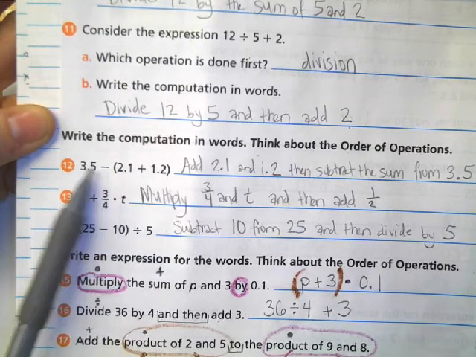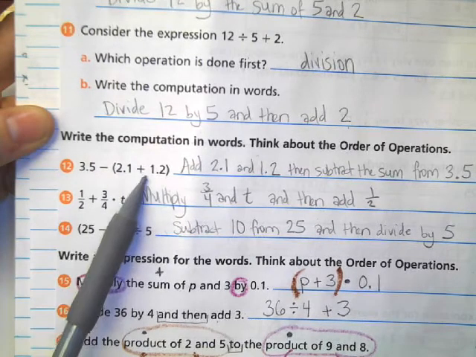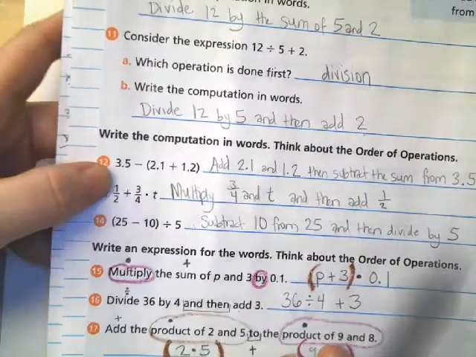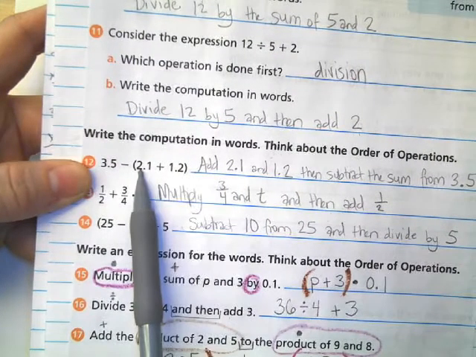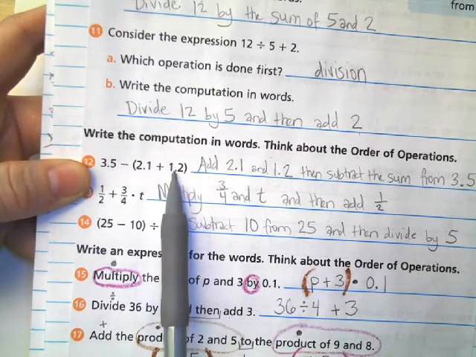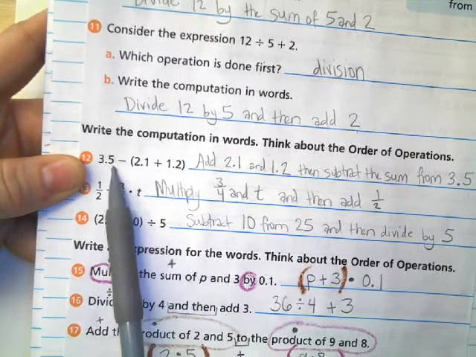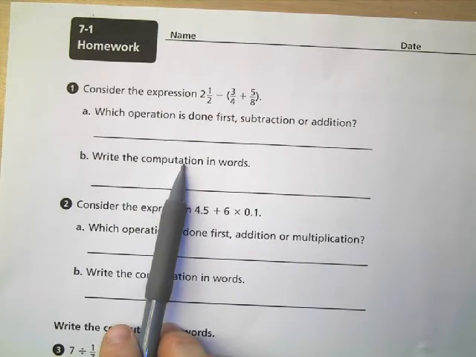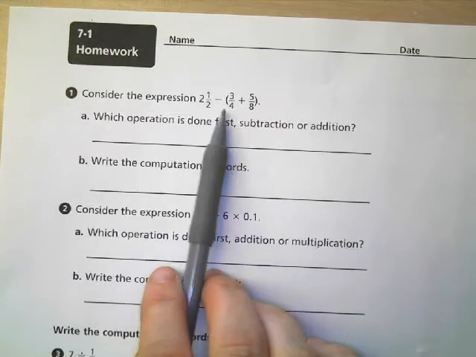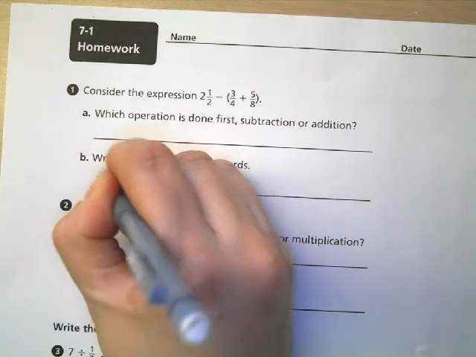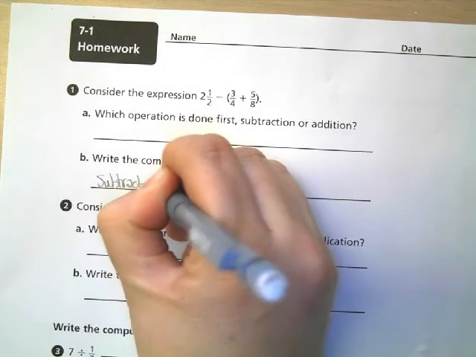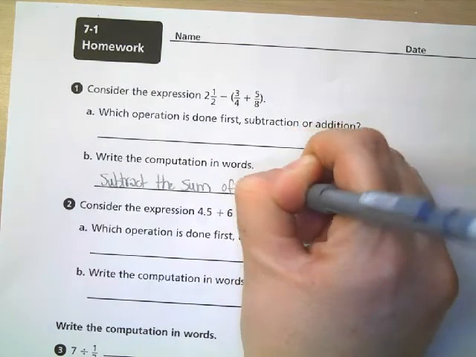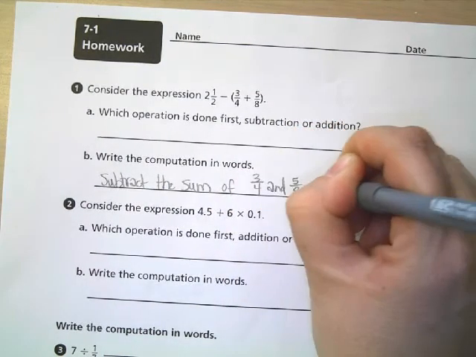Look at number 12. It has parentheses, and I was subtracting from something. So I get to use this example, except for different numbers, because I have different numbers here. If I look very similarly, this one says add 2.1 and 1.2, then subtract the sum from 3.5. So this computation in words could be subtract the sum of 3/4 and 5/8 from 2.5.